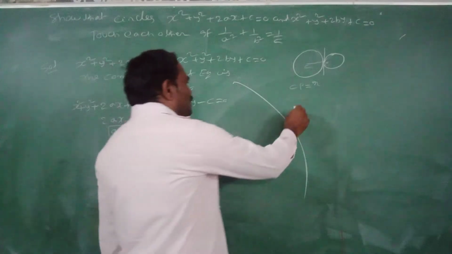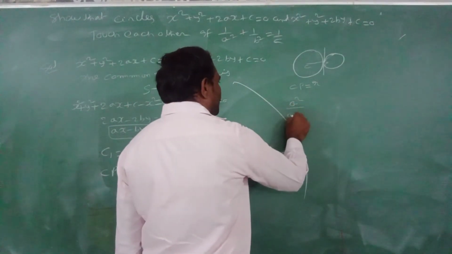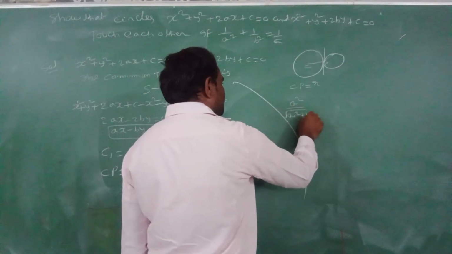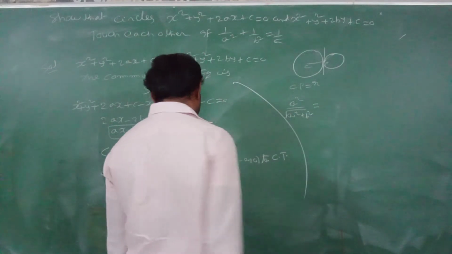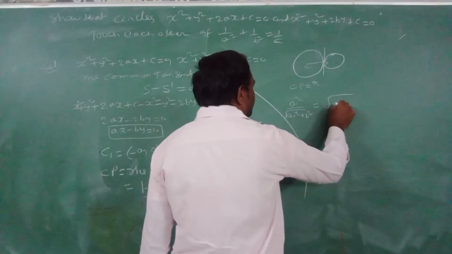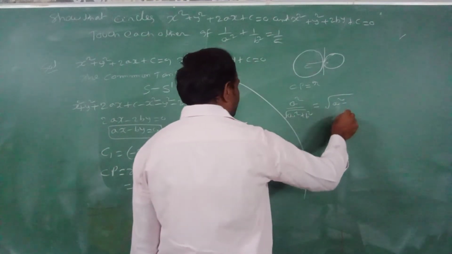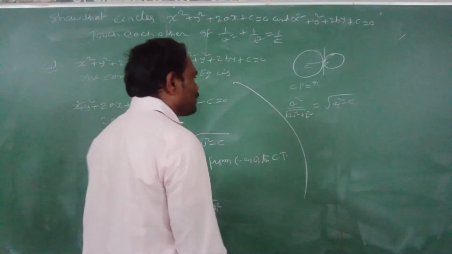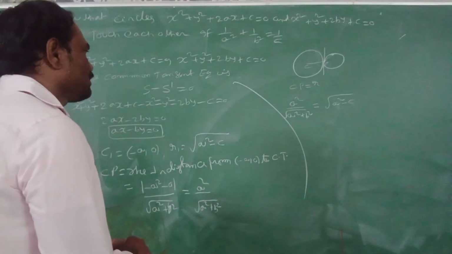So a square by under root of a square plus b square is equal to the radius, under root of a square minus c.